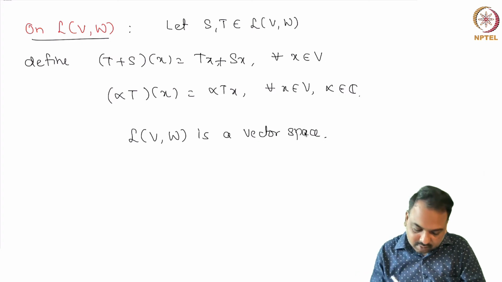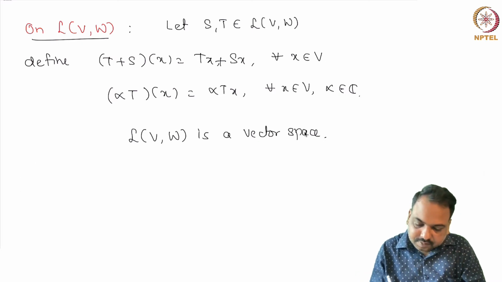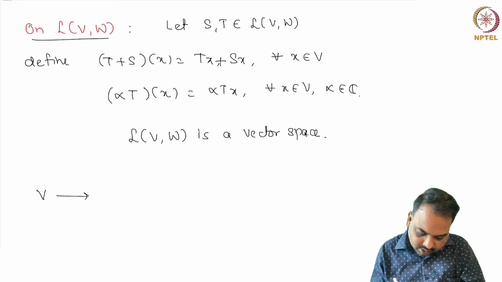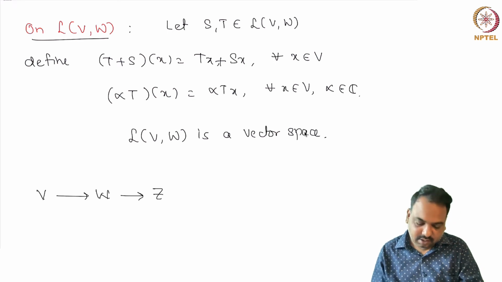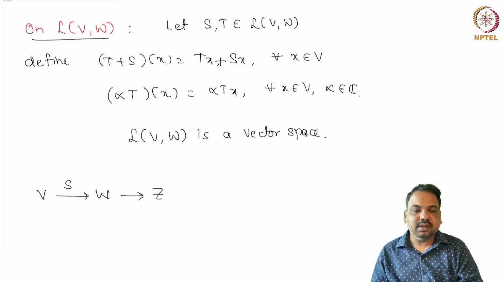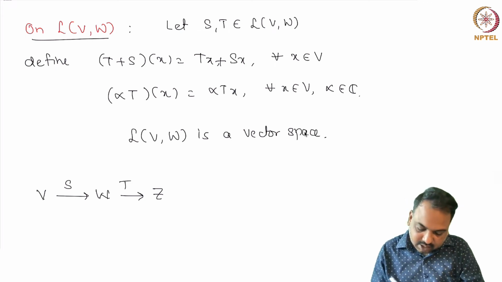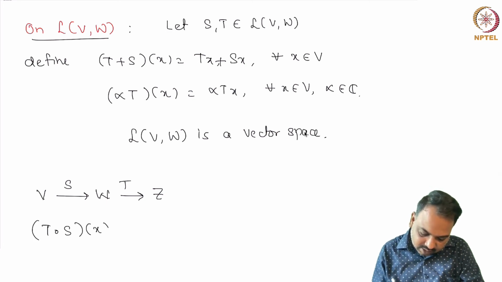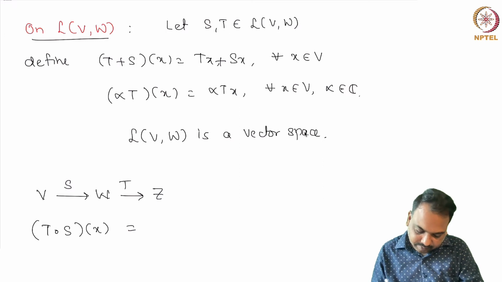So if we have V, W and some other space Z, and S is a map from V to W, T is from W to Z, then we can define T composition S at x is nothing but T of Sx for every x in V.